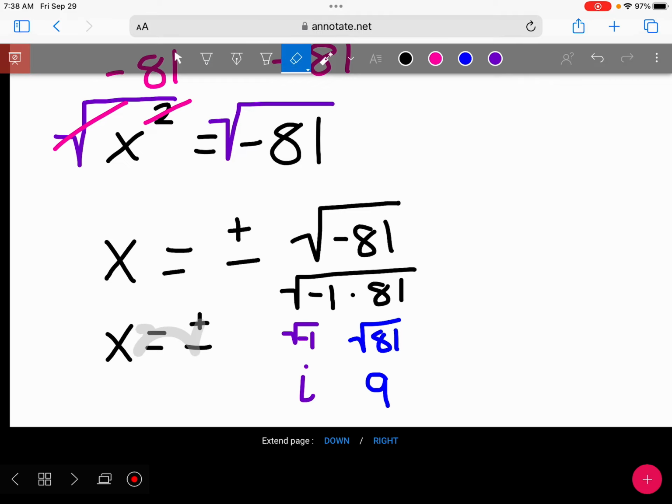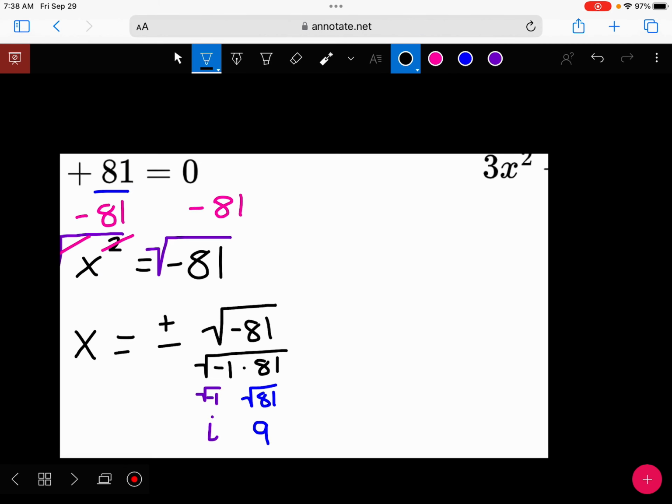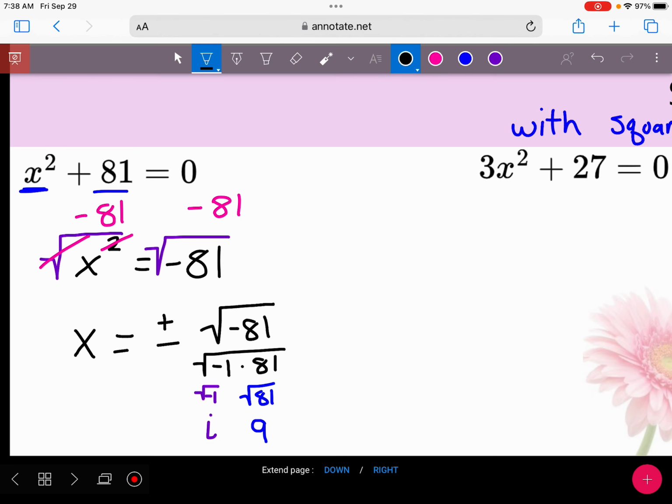So I'm going to erase this set right there. What we get for our solution is x equals plus or minus 9i.